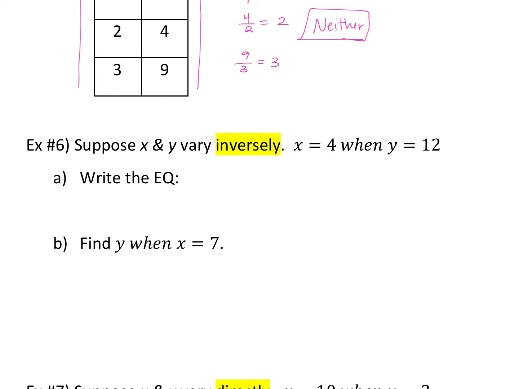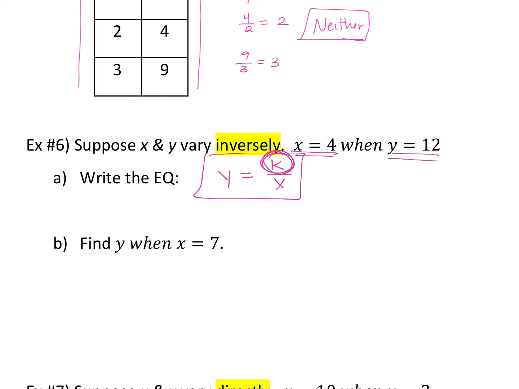So we're going to say y equals k divided by x, okay? And then it says x equals 4 when y equals 12.